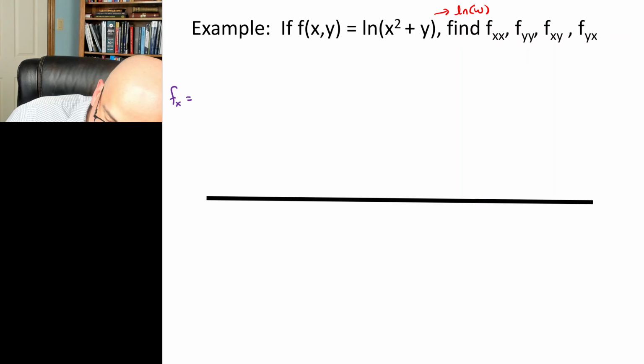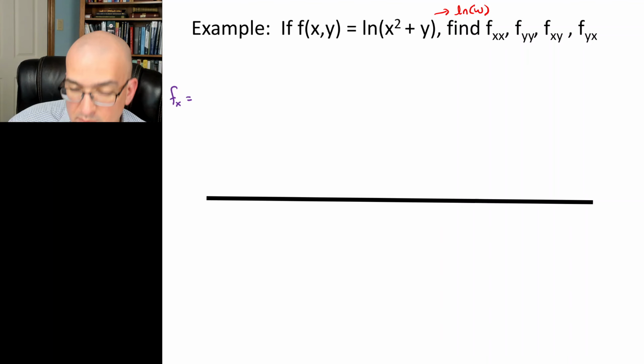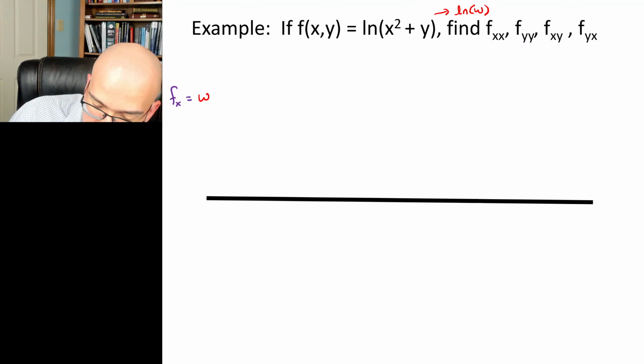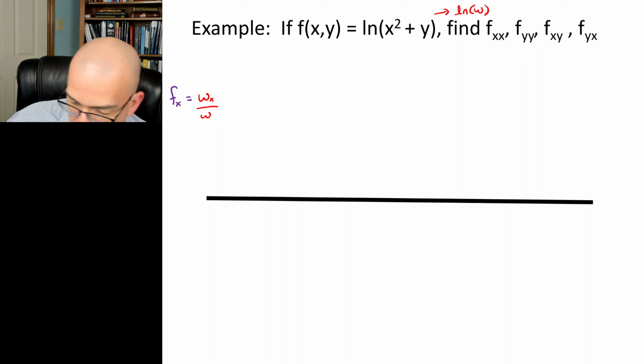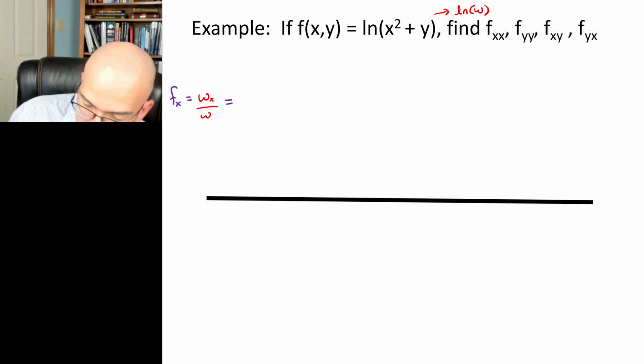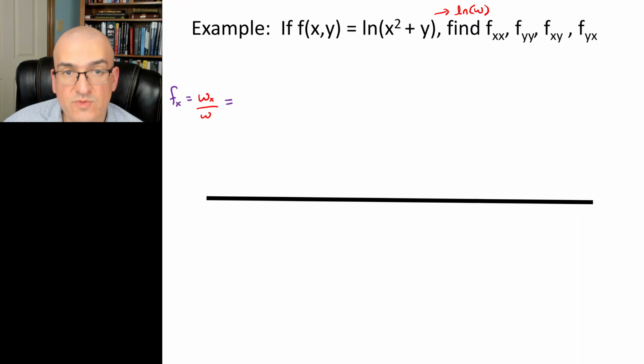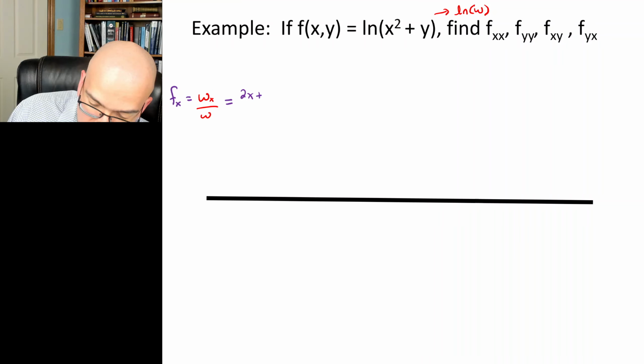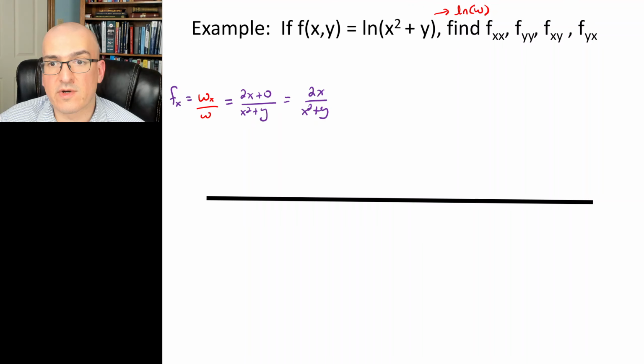Our derivative is not going to be w prime over w, it's going to be w sub x over w. On top, we're going to put the x derivative of x squared plus y, which will be 2x plus 0, since y is being treated as a constant, over x squared plus y, which is 2x over x squared plus y. And now we're going to build our two branches. We're going to take the x derivative of that and the y derivative of that to get the second order derivatives.